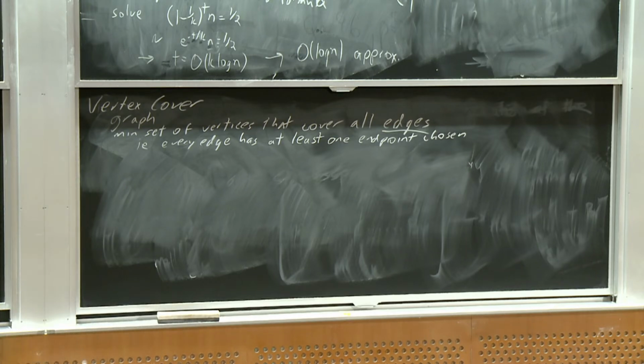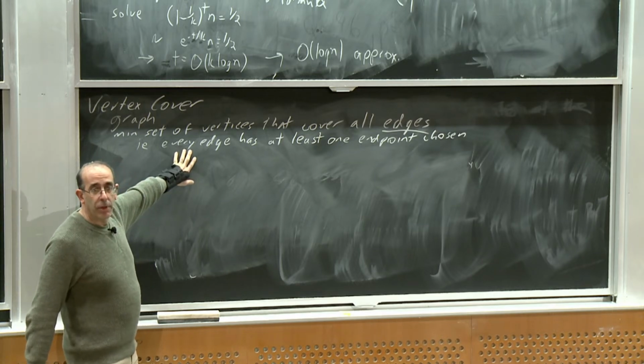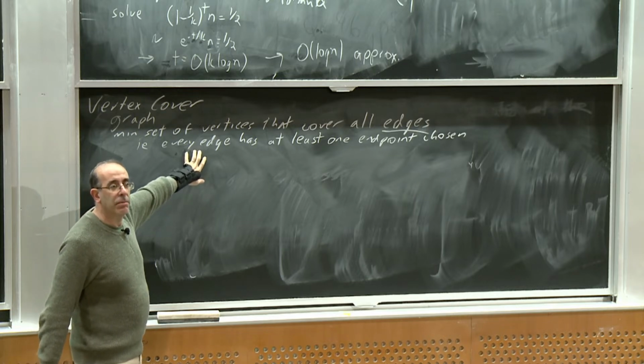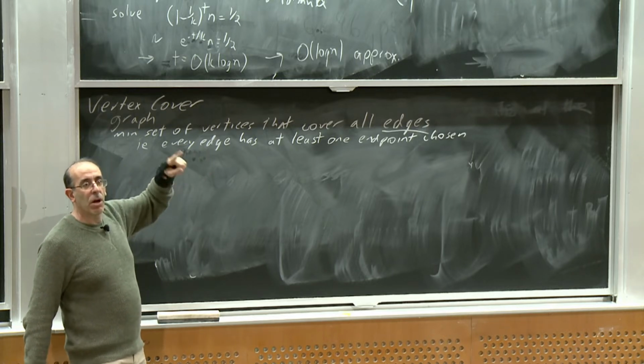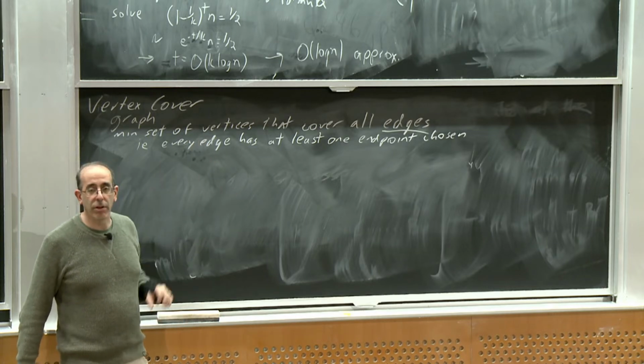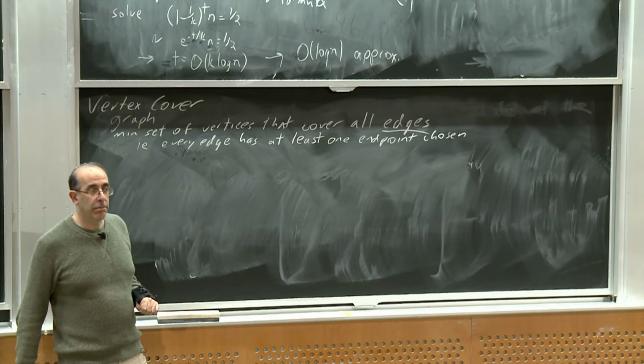So here we're trying to cover the edges with vertices. But this also is a set cover problem because every vertex covers the set of edges incident on it. So the sets are edge sets associated with each vertex. And so you can solve it using a set cover algorithm and get a log n approximation.